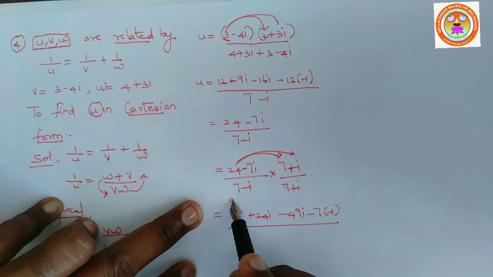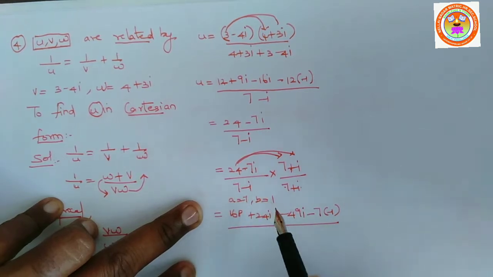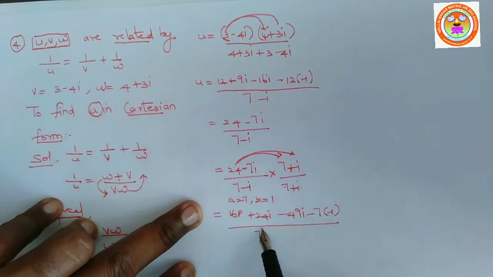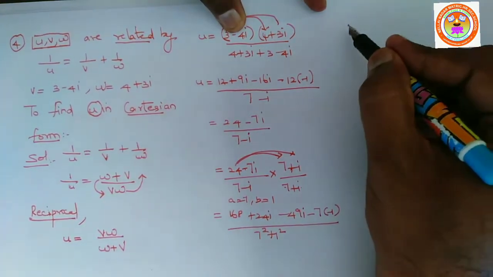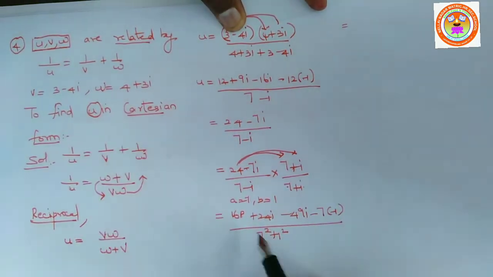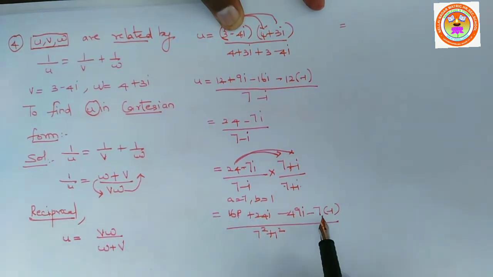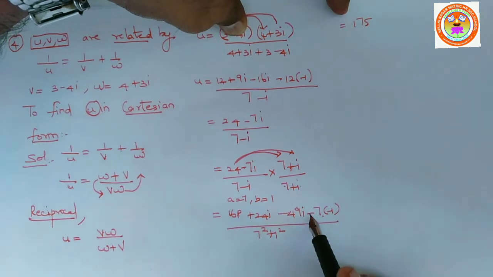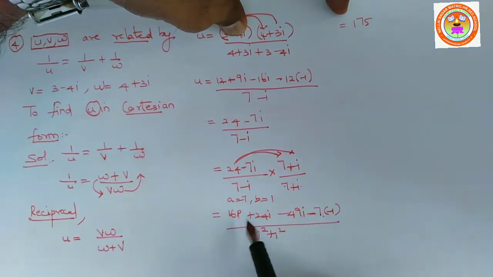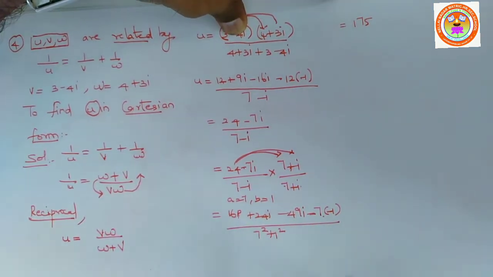Here a is 7, b is 1, the i coefficient is 1. So 7² + 1². The numerator: 168 plus 7, because minus into minus is plus 7. 168 plus 7 is 175.